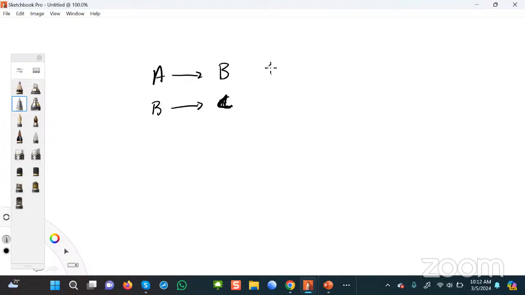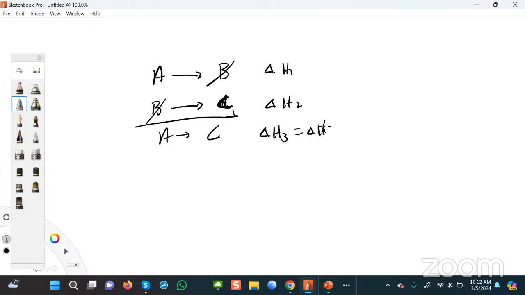Let's say the enthalpy change for the first is delta H1, and the enthalpy change for the second is delta H2. What Hess's law is saying is that if you add these two equations together, obviously the B's will cancel out to get the net reaction, which is A to C. Then the delta H value for this, which I'm going to call delta H3, would be equal to delta H1 plus delta H2. That's what Hess's law is basically saying, right?